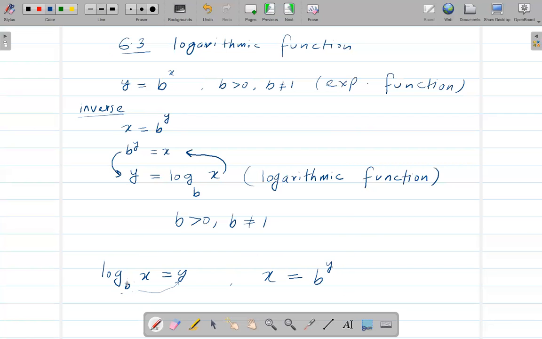Basically we are moving the base of the log to the base of an exponential function. On the left hand side the log is gone, because we're changing log to an exponential function. So we just have x on the left hand side, and on the right hand side b to the power y.